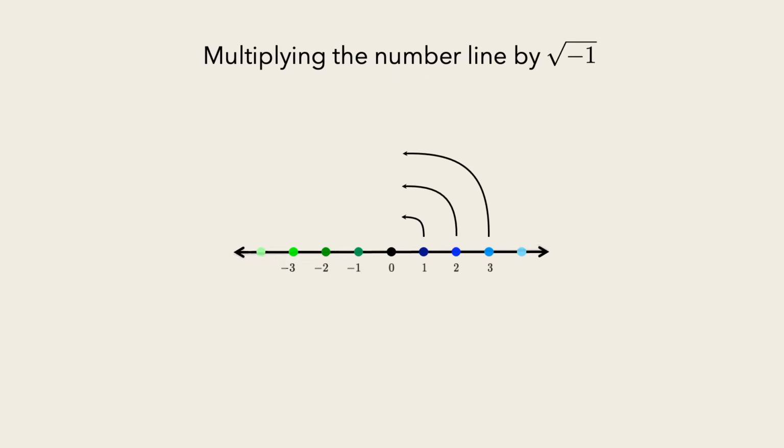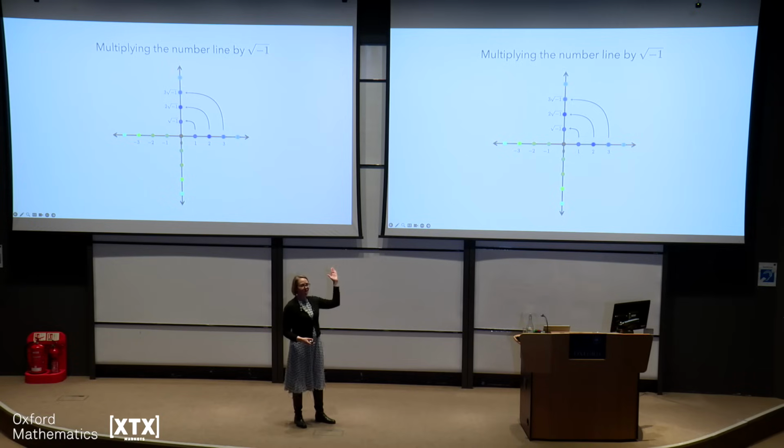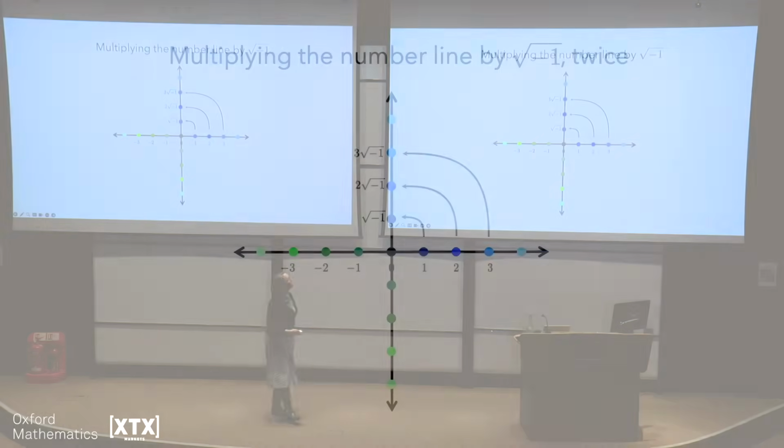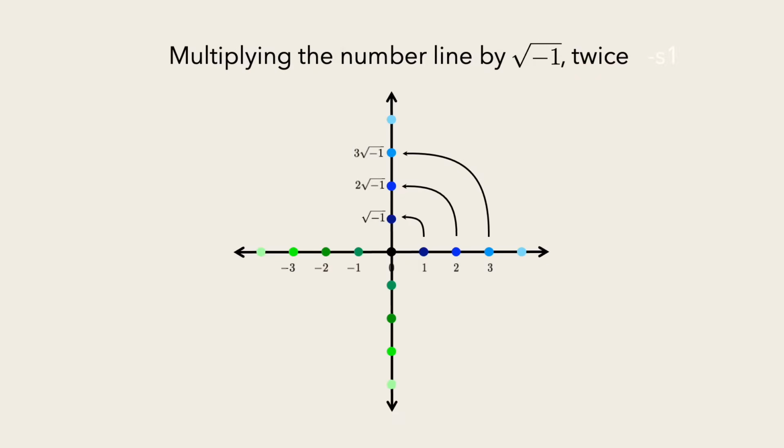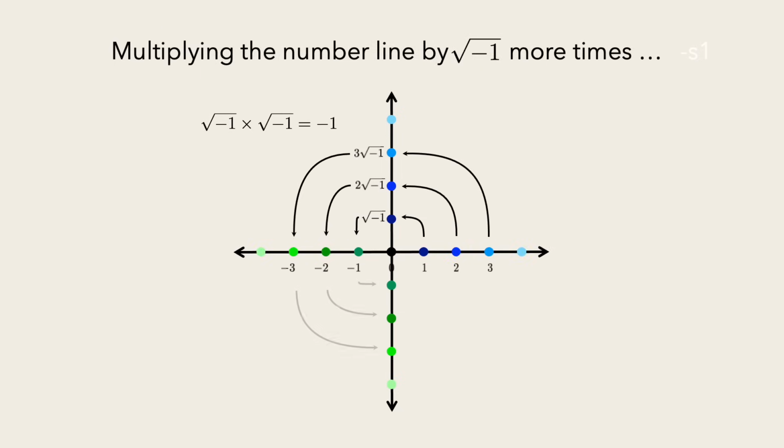Okay, so if I want to multiply the number line by the square root of negative 1, then geometrically, I want to think of that as rotation by 90 degrees in the plane. And if I do it again, then I get back multiplication by negative 1.